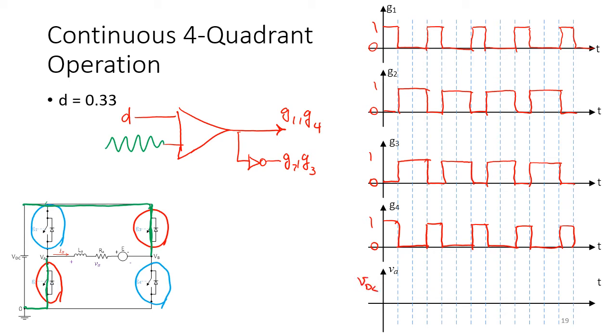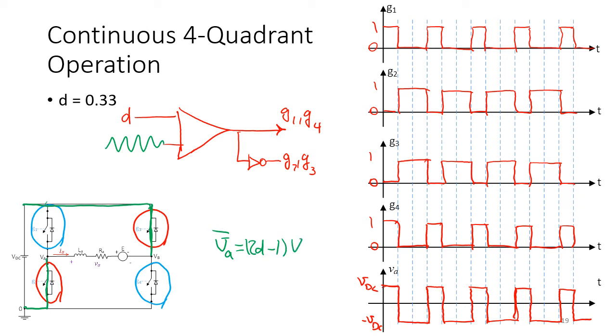So if we have VDC here and minus VDC here, then it will be very much the same relation, that VL average is (2D minus 1) VDC.